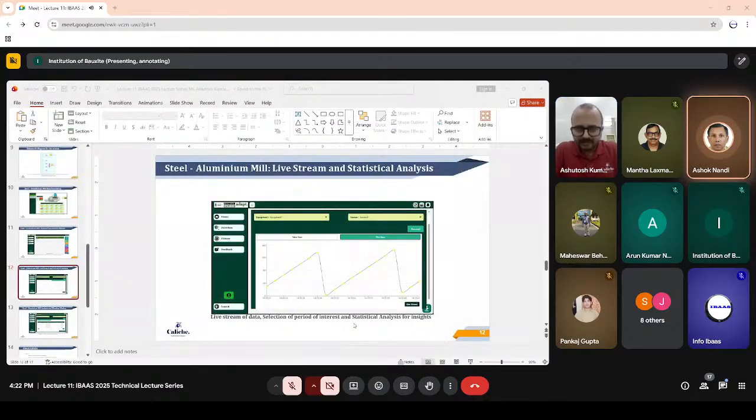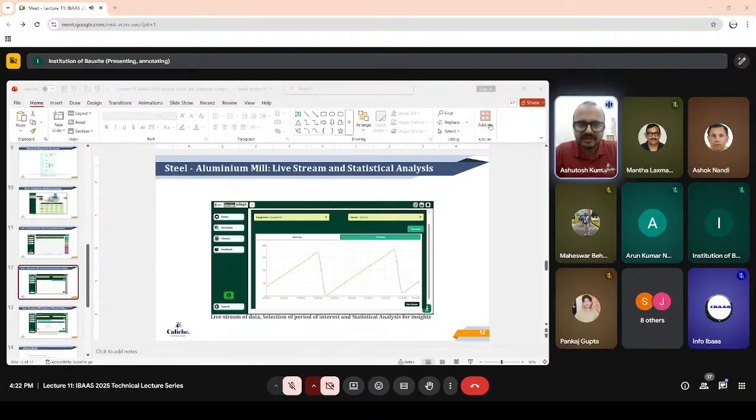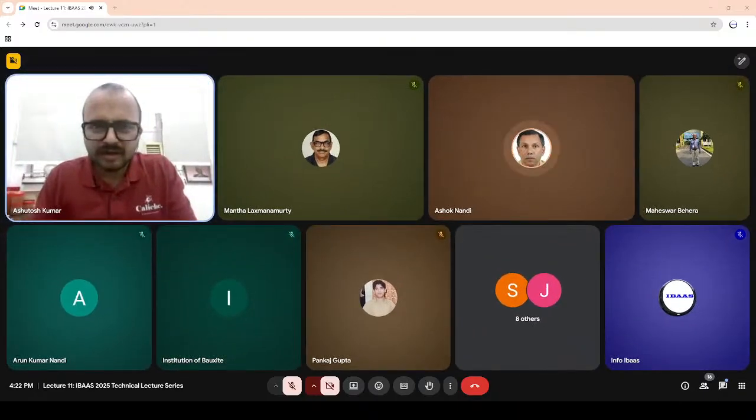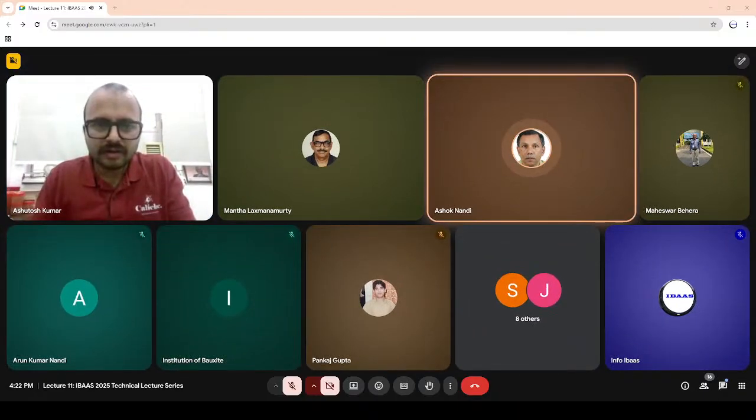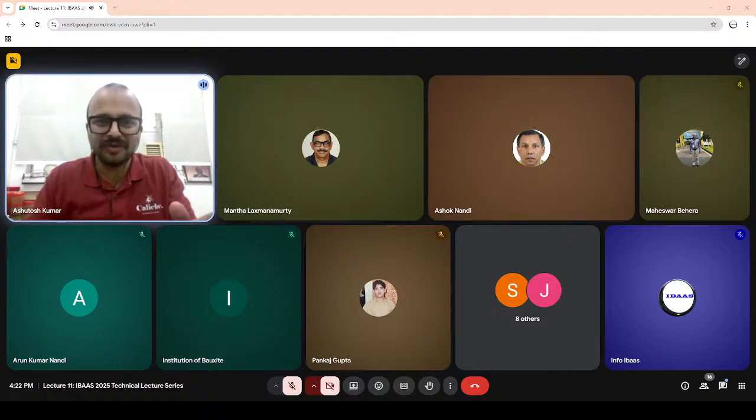Ashutosh, please show the presentation along with your presentation. Show the slide where you are speaking. Are the slides not visible? No, slides are not visible. You are just talking only. Slides should be visible along with your speech. Sir, I am presenting. So thank you for interrupting. I mean, I was thinking that the slide is visible.